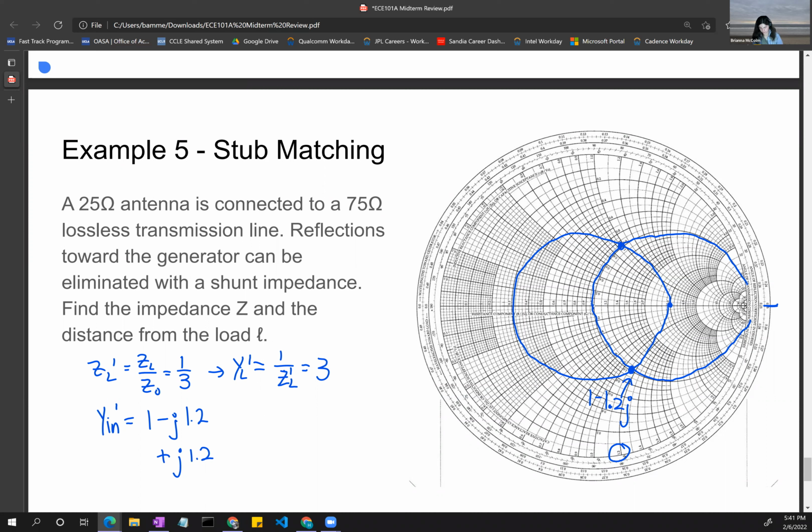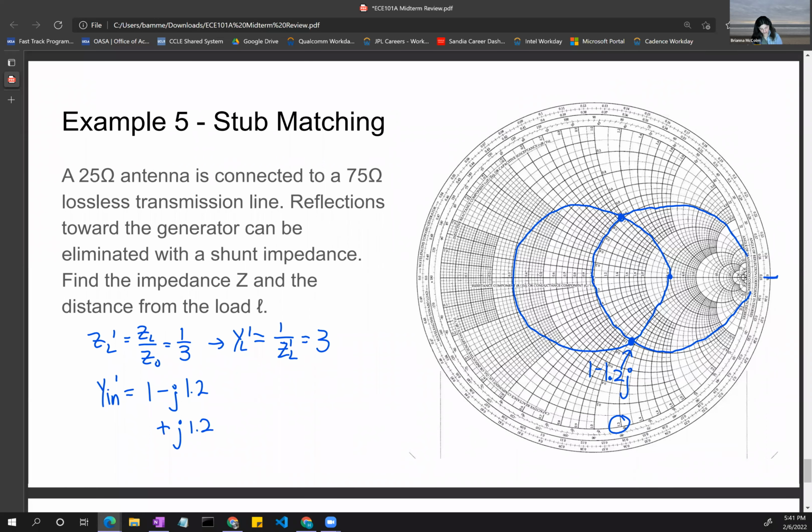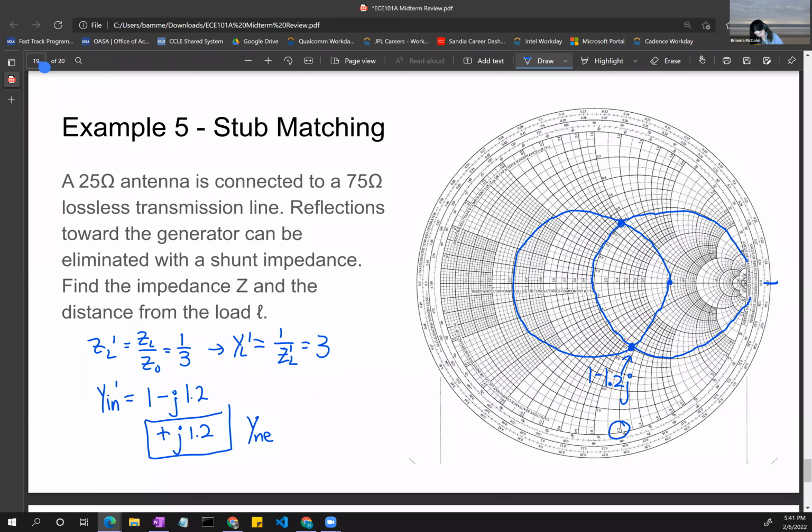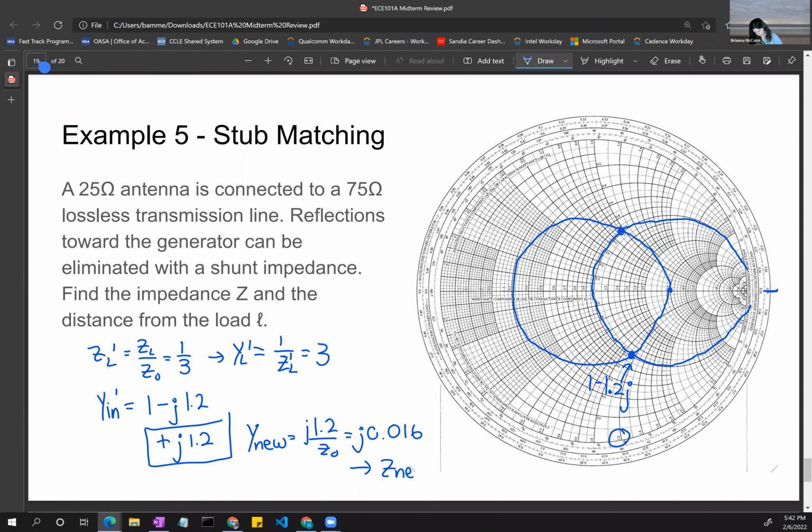And so since we know what we want to add now, we can normalize this. And then if we want the impedance or the admittance, depending on what the problem is asking for, we can just convert that.